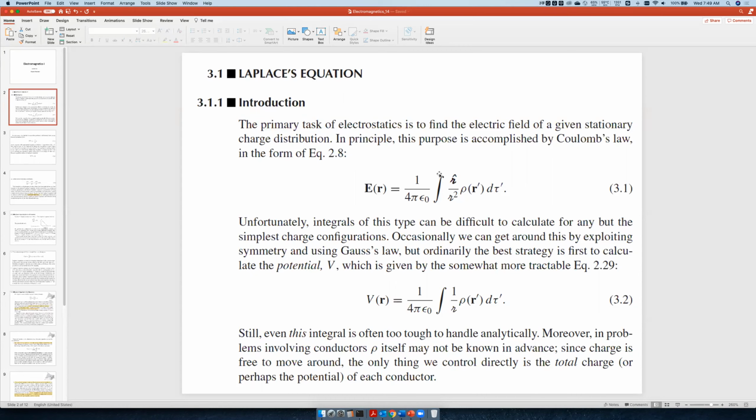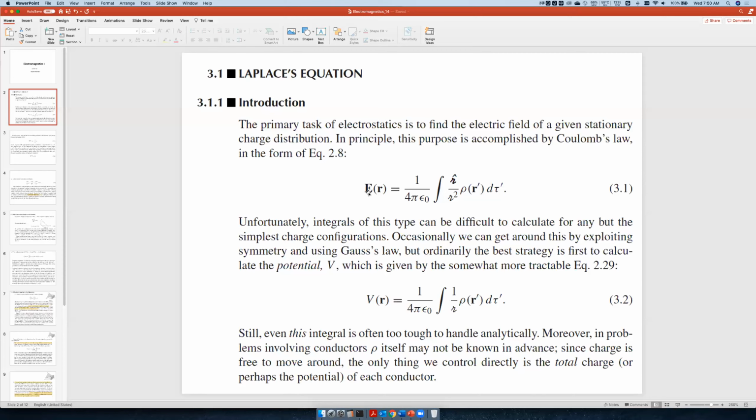And in most cases, there's no symmetry for the charge distributions. So usually it's difficult to use just this equation, 3.1, to calculate the electric field. Ordinarily, the best strategy is to first calculate the potential V, and then use V to calculate E. Do you remember the relationship between E and V?